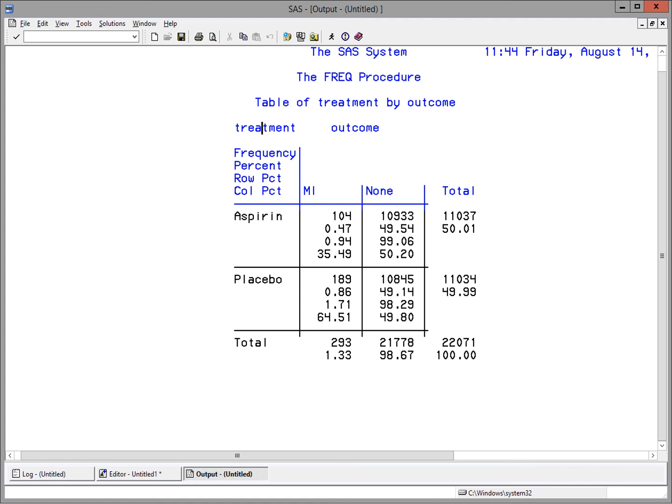So the row percent is 0.94 and 1.71. Those are really the percents that we're in most cases interested in comparing. 0.94% of the people in the aspirin group had a heart attack. 1.71% of the people in the placebo group had a heart attack. So is one of those numbers more or less than the other?